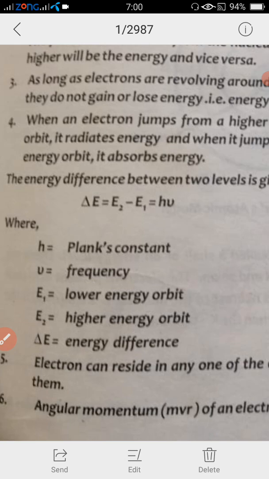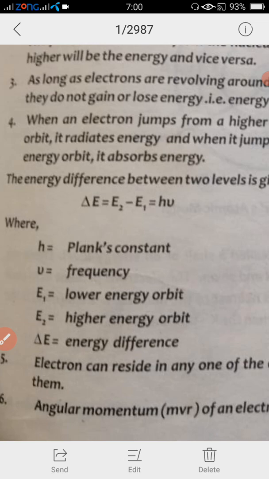The meaning of Planck's constant is how much the energy of a photon increases when the frequency of the electromagnetic wave increases by the unit 1. So it means that Planck's constant explains the amount of energy of a photon.